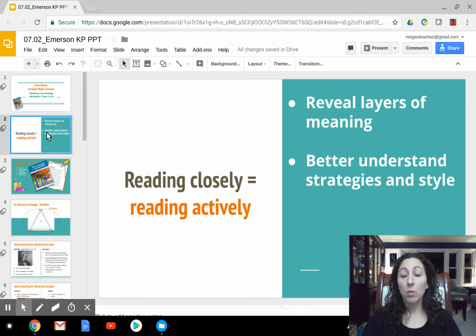And then we're also looking at how the writer is able to actually convey those positions and make those claims and develop a particular argument so that it's persuasive and effective given the rhetorical situation.